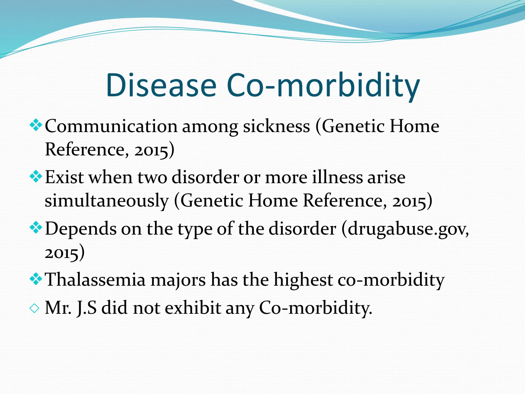In types of thalassemias, thalassemia major has the highest comorbidity because sometimes it involves the failing of more than one organ. Mr. JS did not exhibit any of the comorbidity because again he had thalassemia minor, which sometimes shows or doesn't show symptoms of complication from thalassemia disorder.